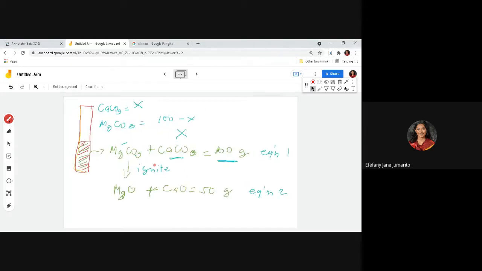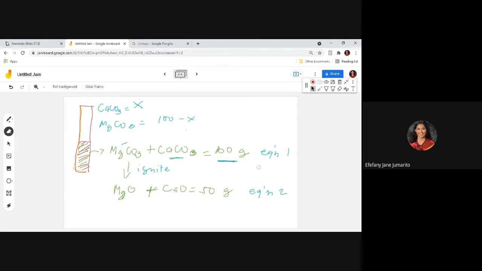We have your magnesium carbonate to be 100 minus X, then calcium carbonate to be X. We let calcium carbonate as X. Di ba naka-treat naman ta ni na problem? Yes ma'am, katong number 6 ma'am, katong sodium chloride o barium ba to? Alright, yes, kato. We've done this already.